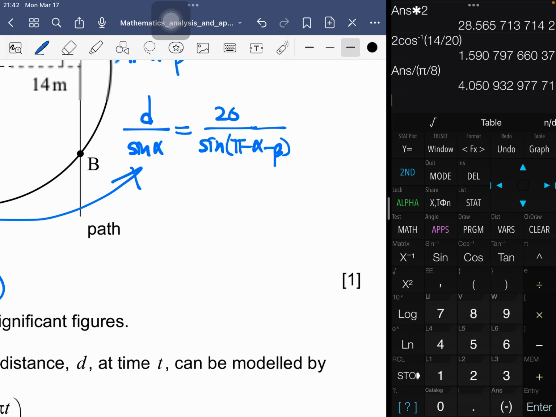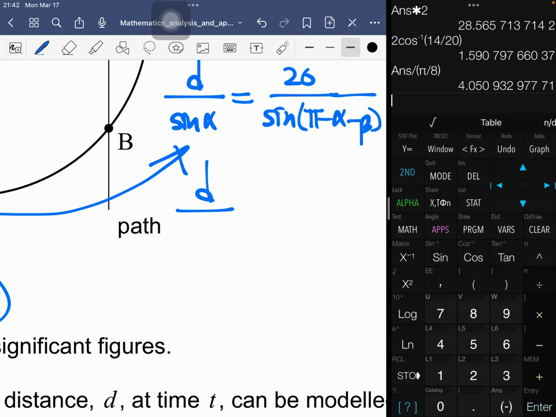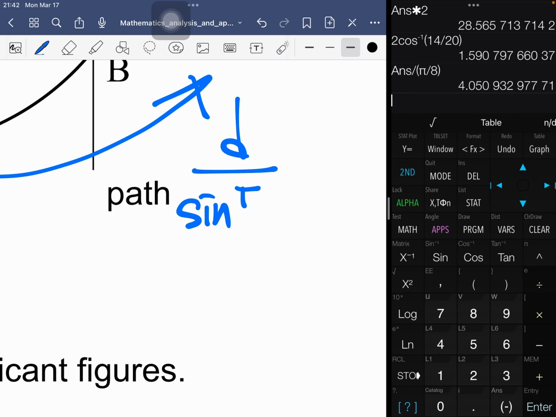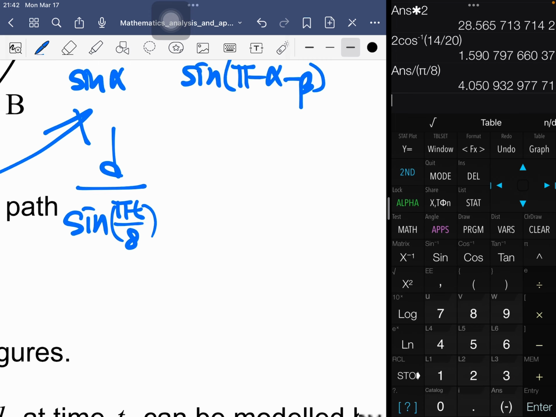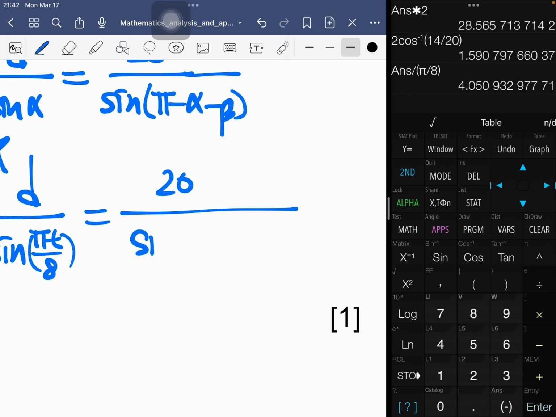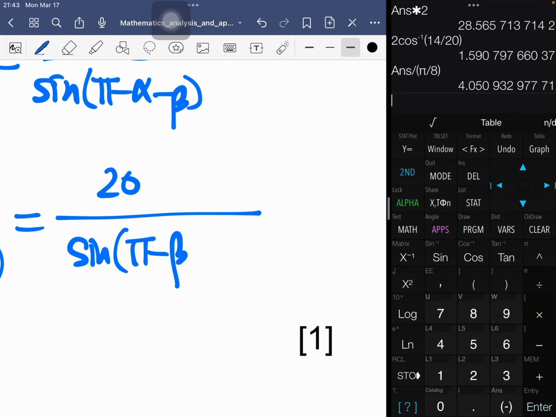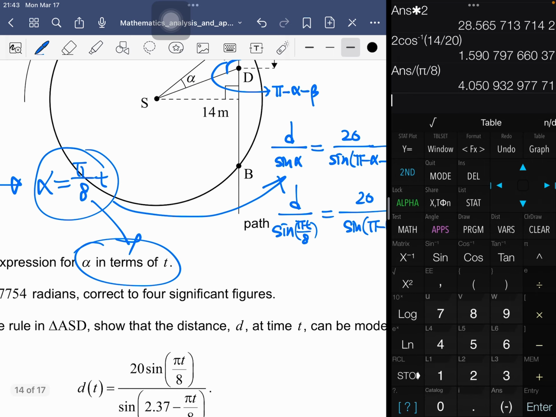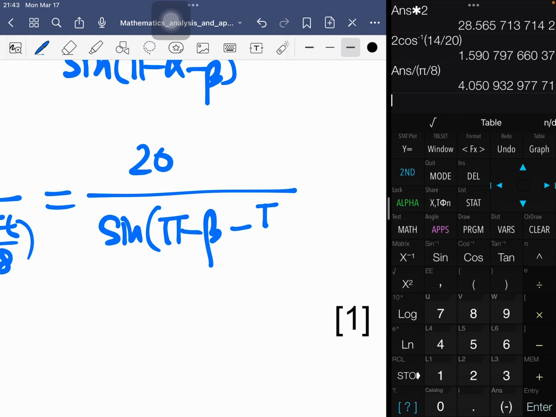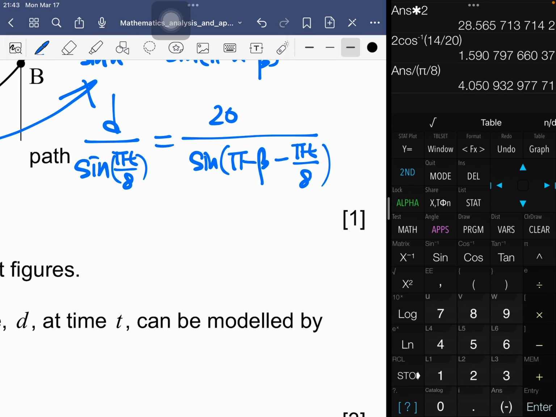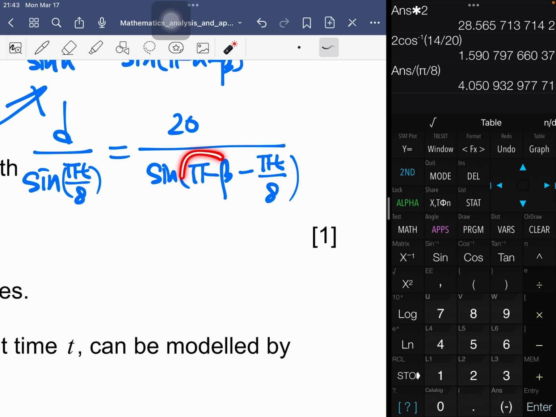So d over sine of pi t over 8 equals 20 over sine of pi minus beta, which we can write down first because we know the angle beta, minus alpha. Alpha, we already said, is pi t over 8. So this angle we can calculate: pi minus beta.